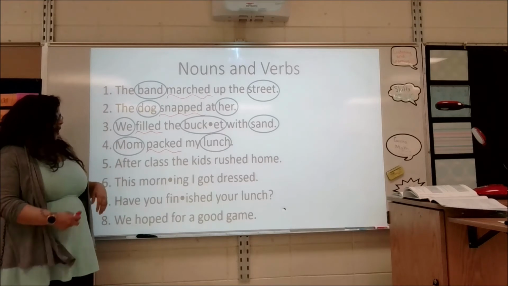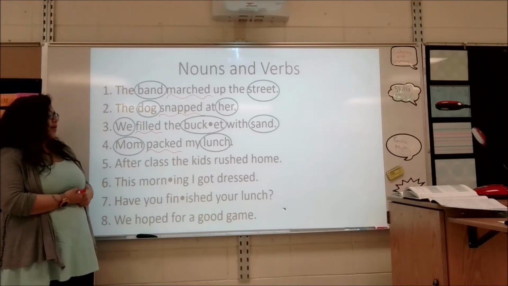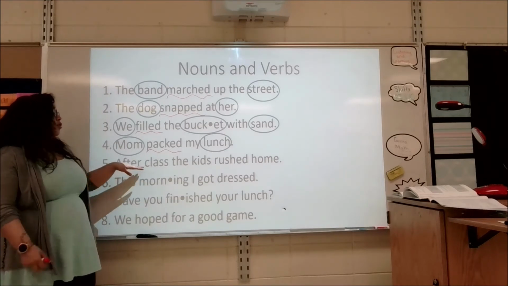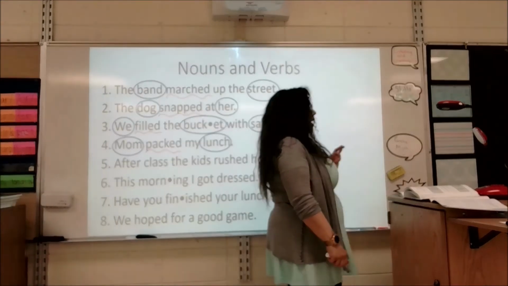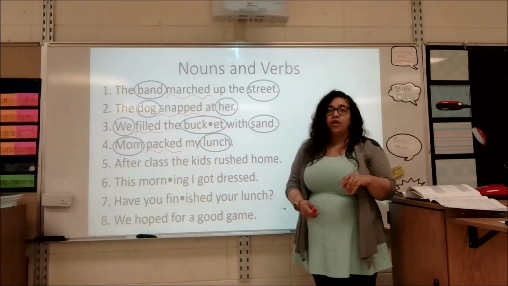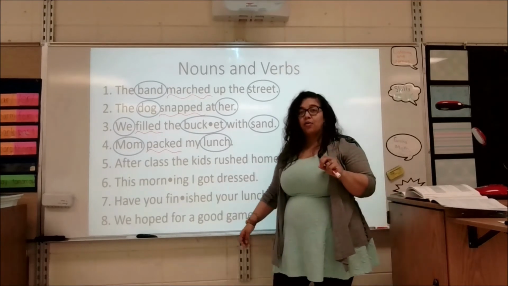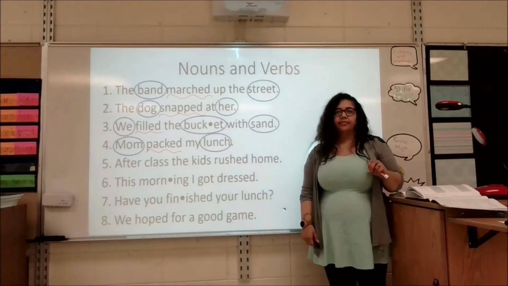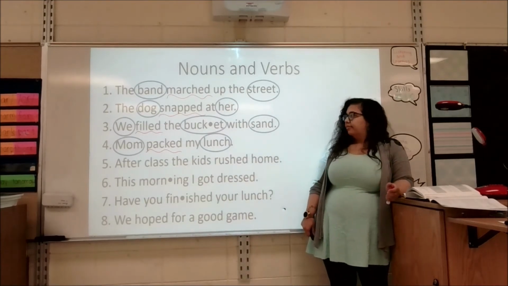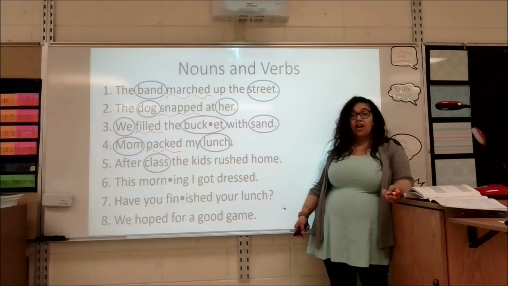Okay? Number 5. I think I can be partner A again. I think I'm ready. After class, the kids rushed home. What are the nouns in this sentence? Class, because that's a place.